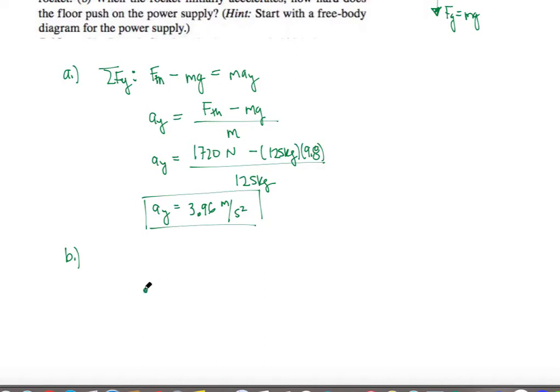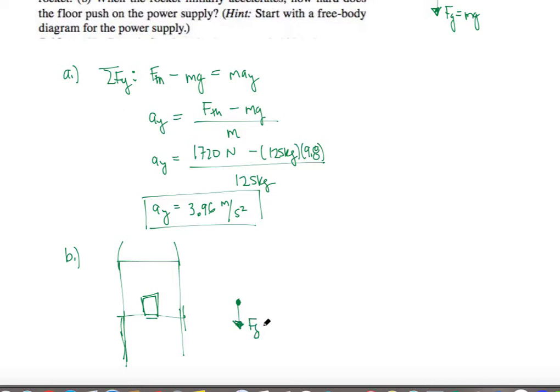So inside the rocket, I'm going to sketch a picture real quick. So inside my rocket, this is my rocket, I have a room that has a power supply. And the power supply is experiencing its own weight.